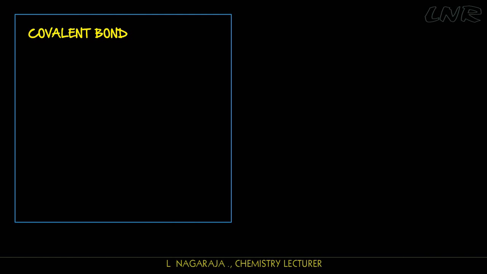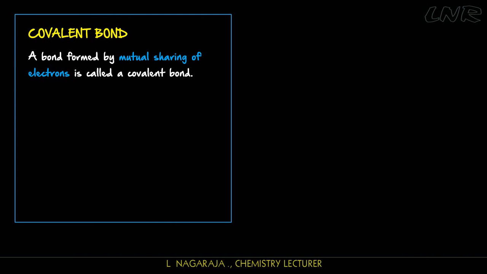During the formation of an ionic bond, there is a transfer of electrons from one atom to another atom. In the formation of a covalent bond, there is no transfer of electrons, just a mutual sharing of electrons between one atom and another atom. So what is this mutual sharing of electrons?